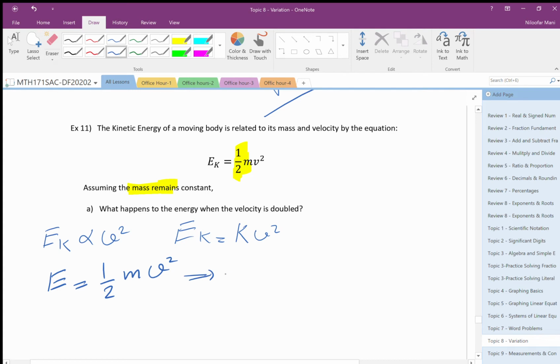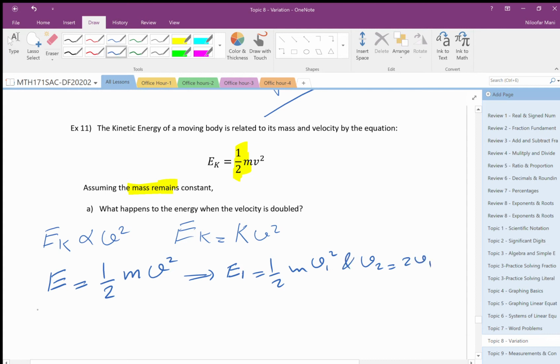Therefore, E1 is 1 over 2 m v1 squared. Why don't I change m1 and m2? Because it says m is constant. So what happened when the velocity is doubled? Velocity 2 is 2 times velocity 1.